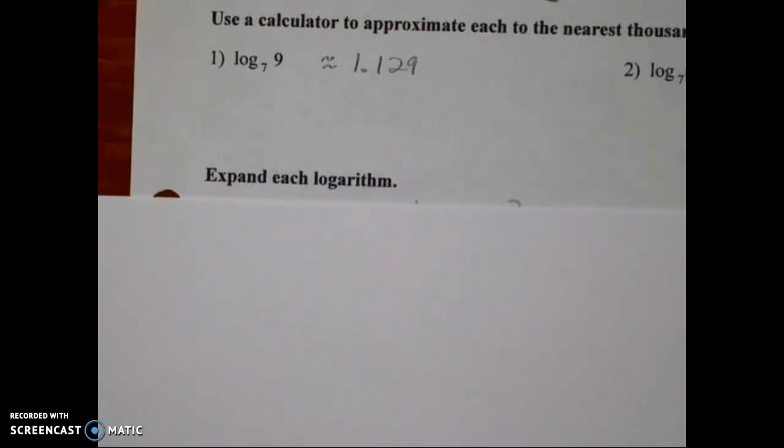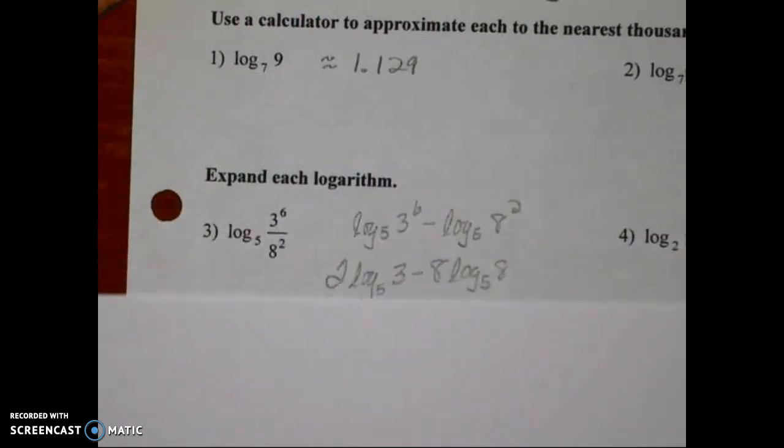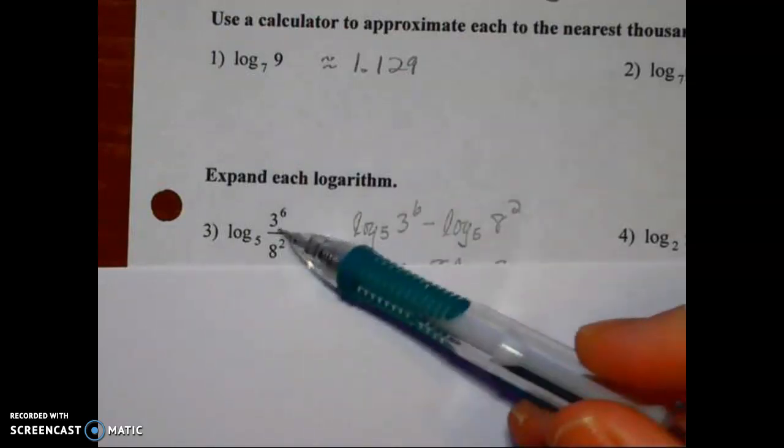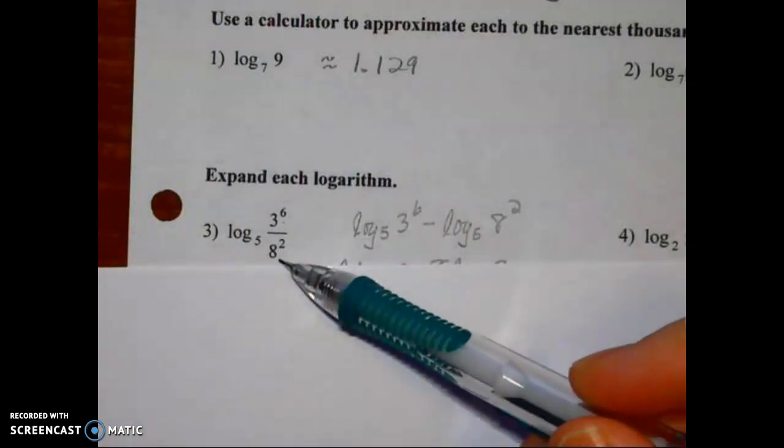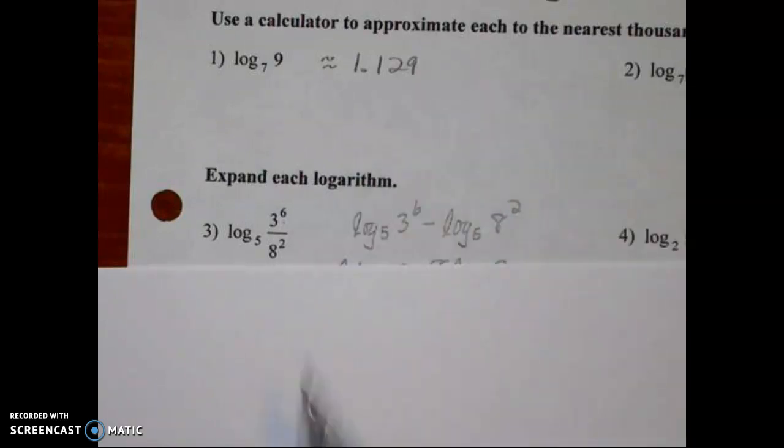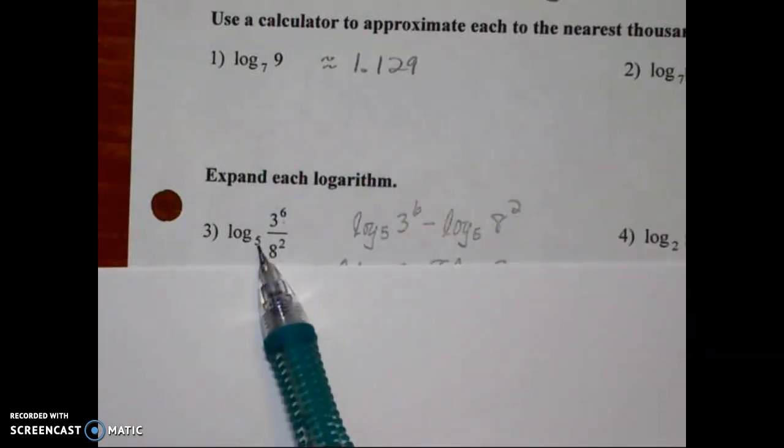Okay. There's two things we can do using these properties. We can expand or we can condense. When you're expanding, division means subtraction. So you're going to rewrite it with the log 5 twice.